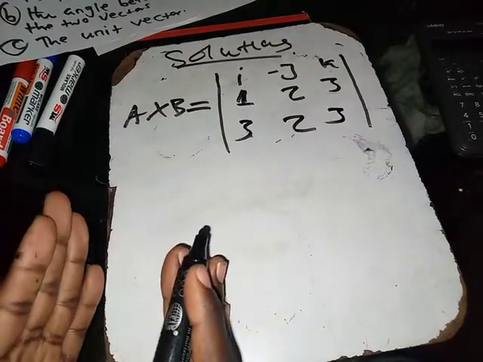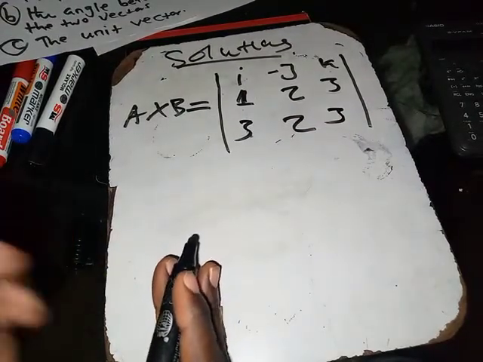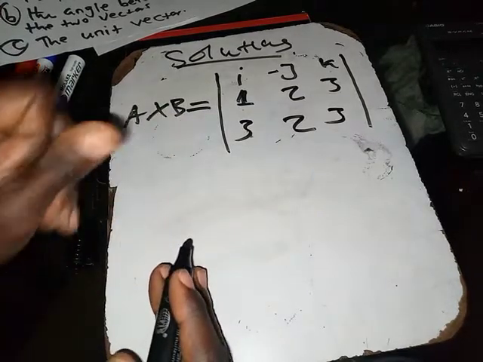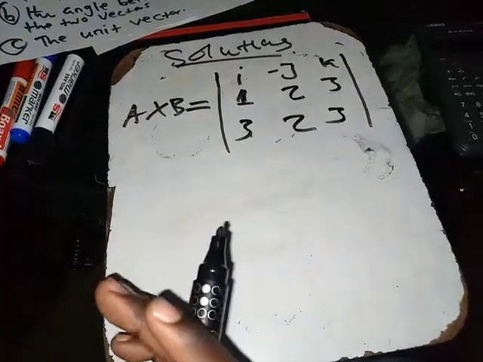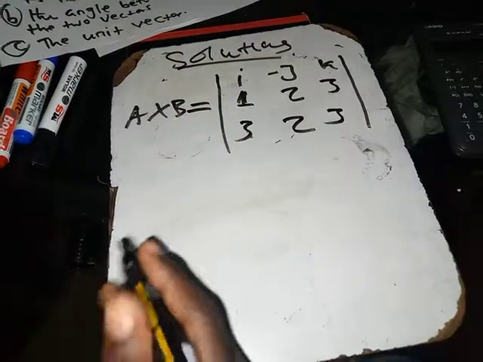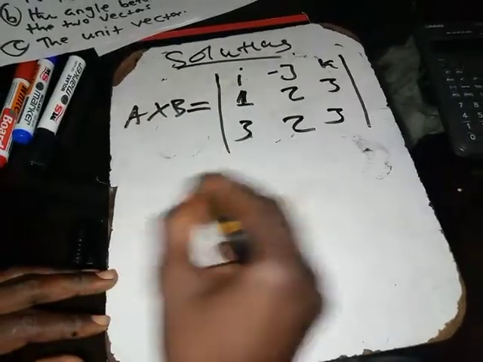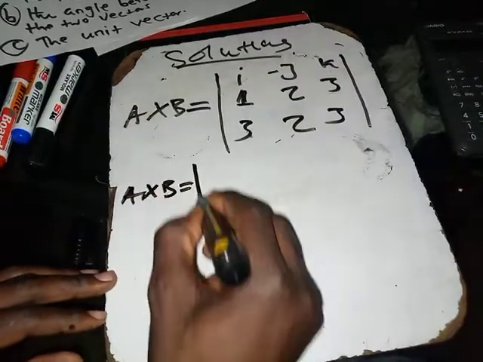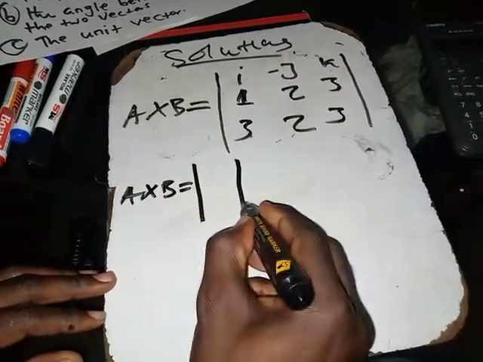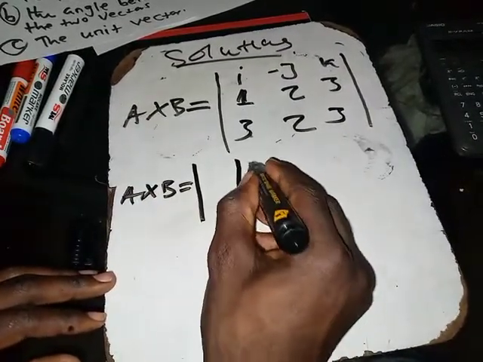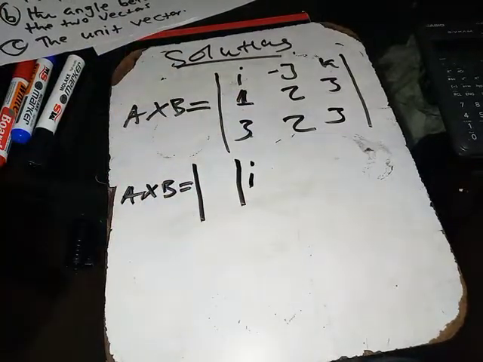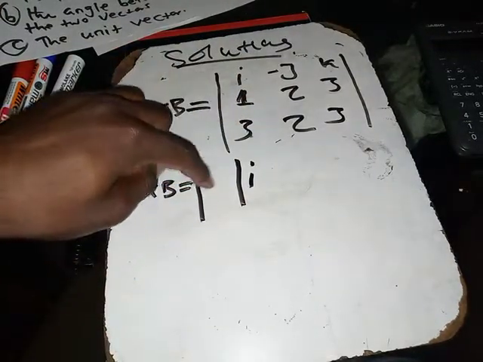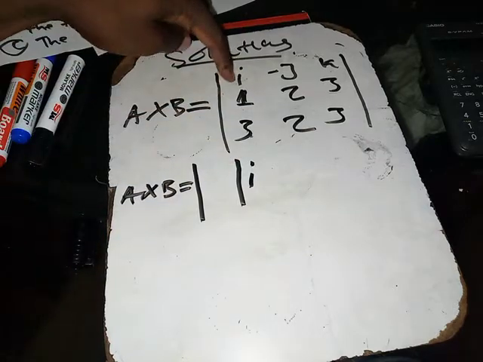Now I need to form something that will help me find the determinant of two by two. So a times b is equal to i, meaning the figures in this are those obtained from i.